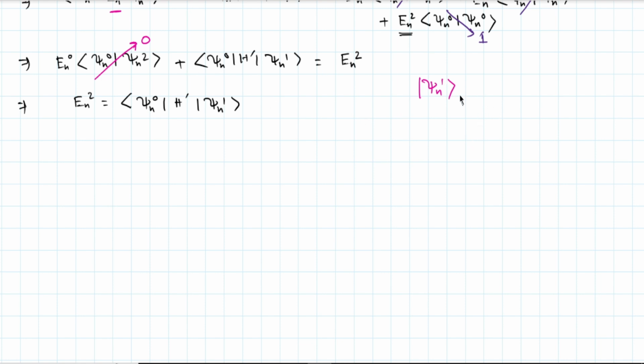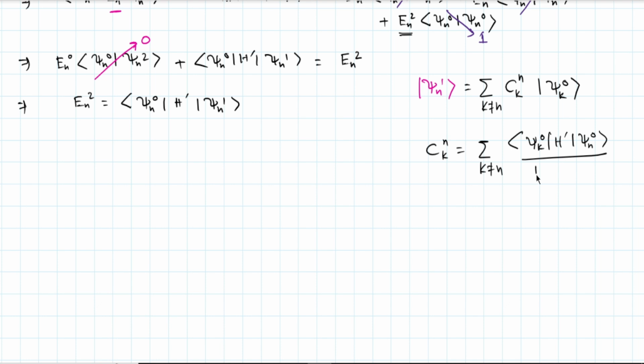And psi n 1 can be written as the sum over k not equal to n of c k n psi k 0 in the ket notation. Okay, here we have derived in the last lecture c k n will be the summation, k not equals to n, <psi k 0|H'|psi n 0> by E n 0 minus E k 0.